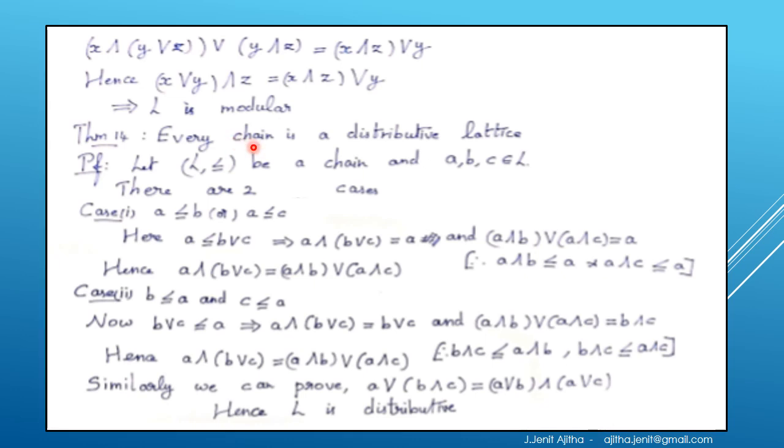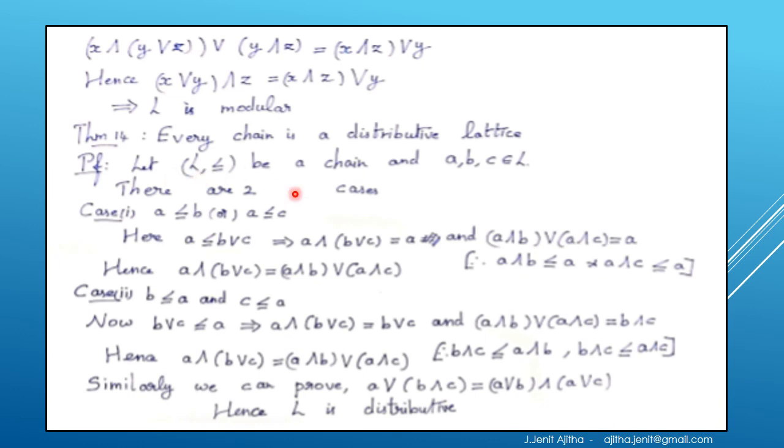That is, if you choose any two elements A and B, then either A must be related to B or B must be related to A. That is, in notation, either A is less than or equal to B or B is less than or equal to A. So the poset which satisfies this condition is called a chain, and the structure of the chain will look like a chain.